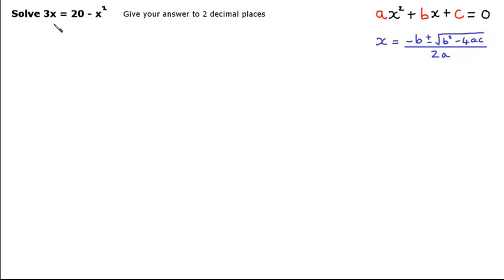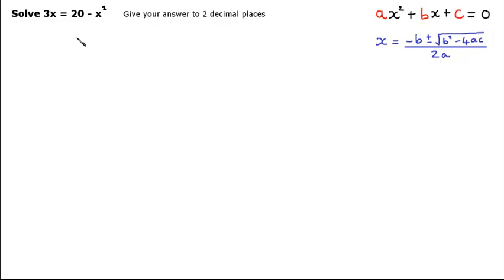So if you have a close look at this, you can hopefully see that we need to either move the 3x across to the right hand side by subtracting 3x from both sides, or we need to move the 20 minus x squared to the left hand side by subtracting 20 and adding x squared to both sides.